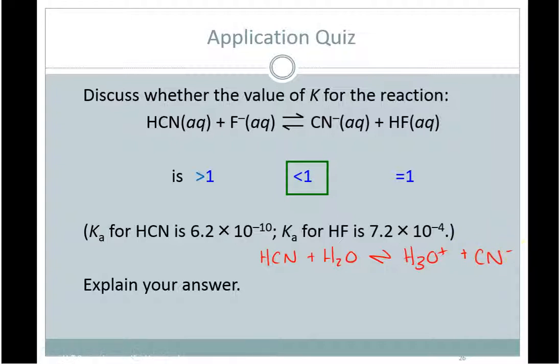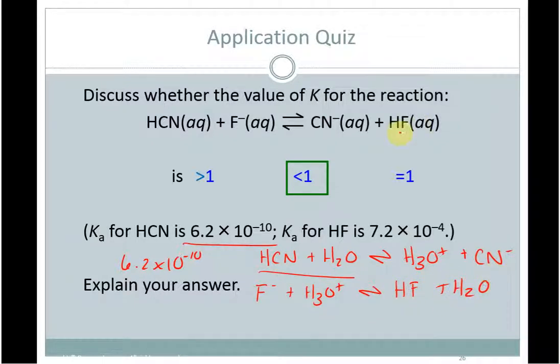Now we know that the K value for this is 6.2 times 10 to the minus 10. It's highly reactant favored. It wants to stay on the left of this reaction. Then we have this guy, where we have technically F minus plus H3O plus going to HF and water.